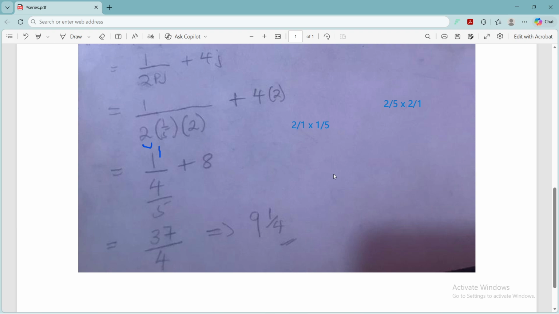Remember that we said division goes with multiplication, right? So we are going to have 1 over 4 multiplying 1 over 5, right?